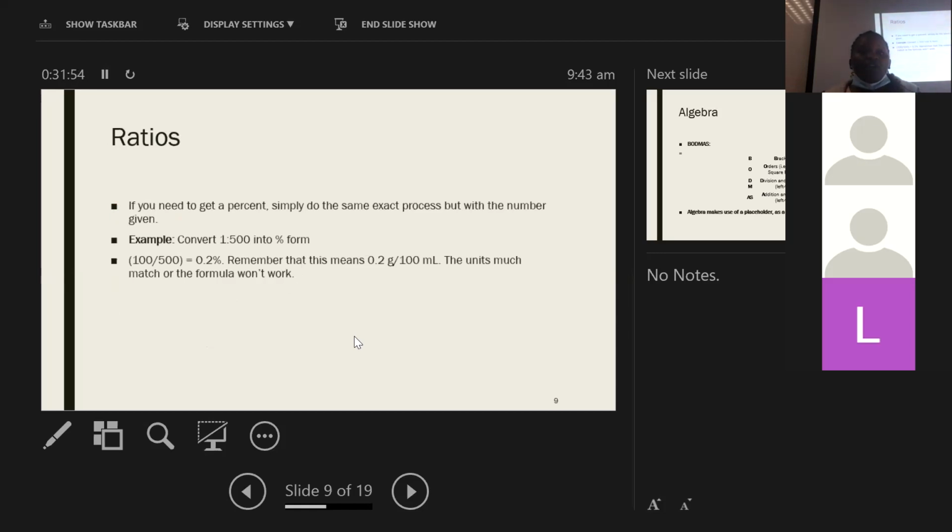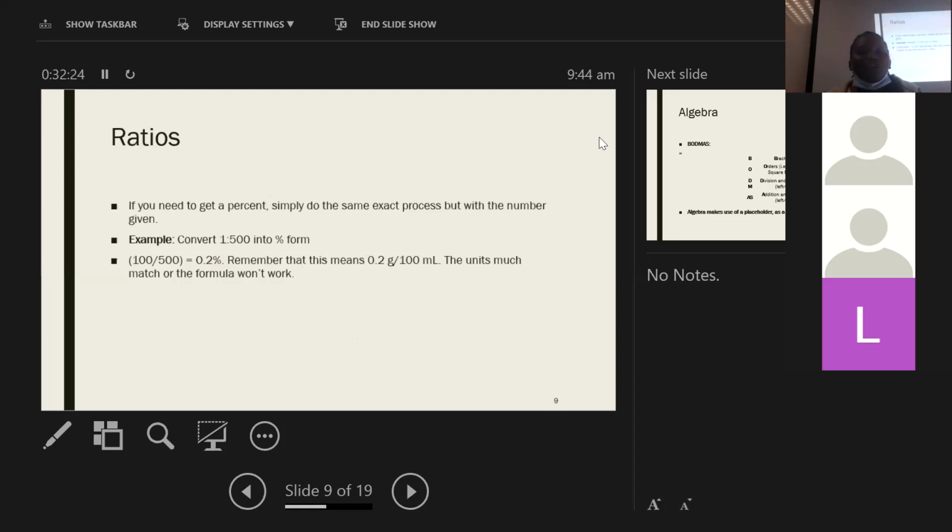All right. Use your calculators. What is 1 divided by 500? 0.2, right? And in percentage, how much is it? Times by 100.